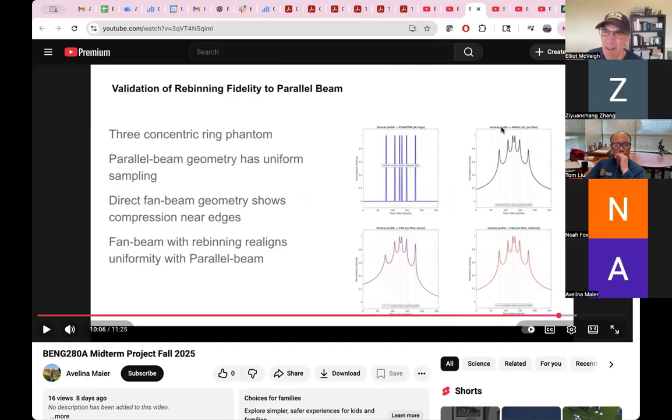Okay. And so this profile of that thing is the parallel, and this is the fan, no filter, and this is fan rebinned, right? Right. Okay. But this is a pretty spectacular function in terms of what is going on here.